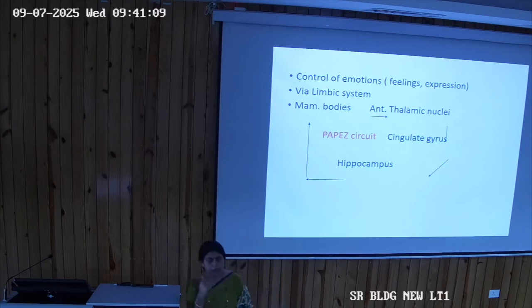And when this is acting, as I told you earlier, what happens? The emotion is perceived, cognition happens, and then that emotion, happy or sad, whatever it is, will affect you. Then the affective domain. So when you are involving the amygdala with the original Papez circuit, it becomes the extended Papez circuit. So you get two things, the Papez circuit and the extended Papez circuit.